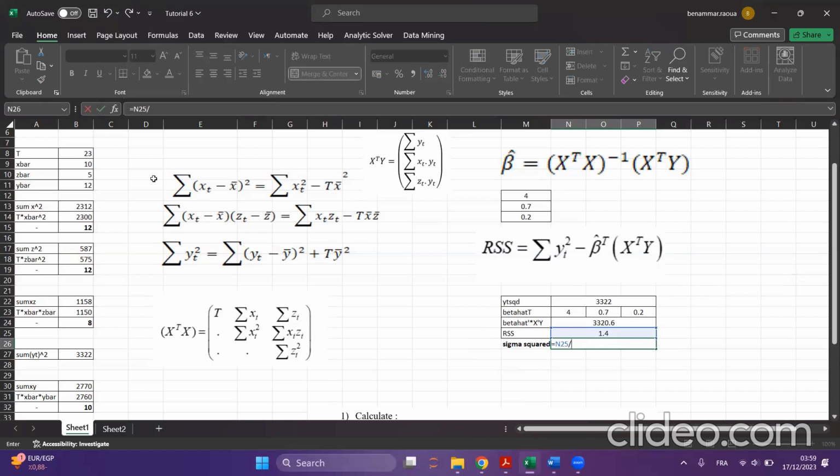So t is equal to 23, minus k equal to 2, minus 1. So it's 23 minus 2 minus 1. It's equal to 0.007.